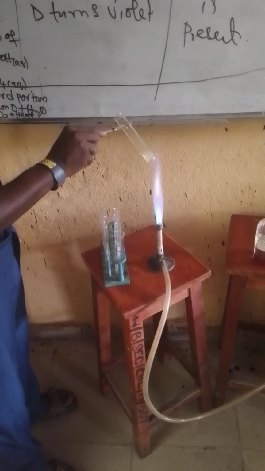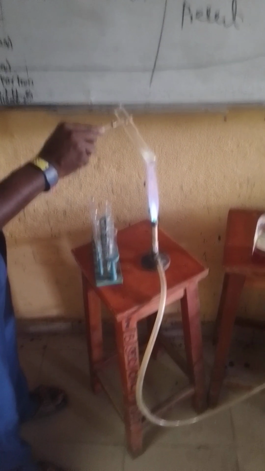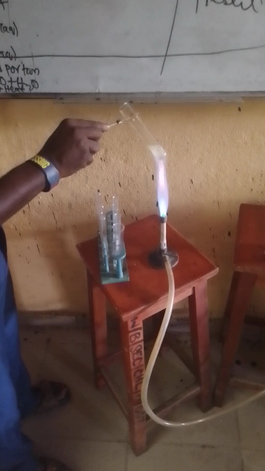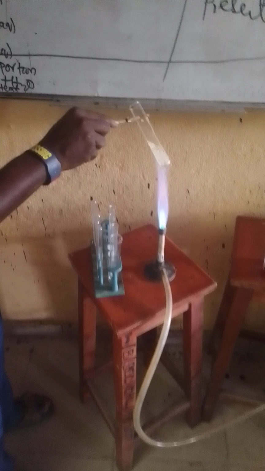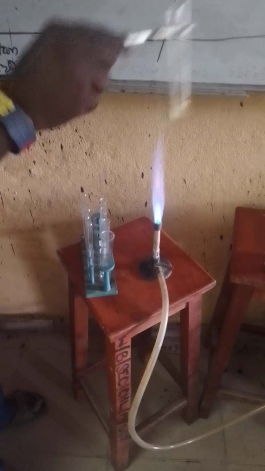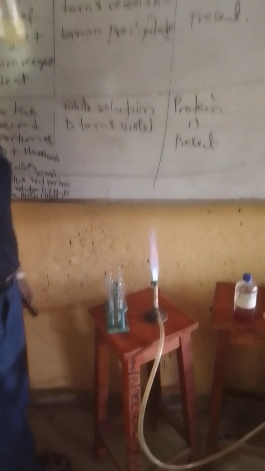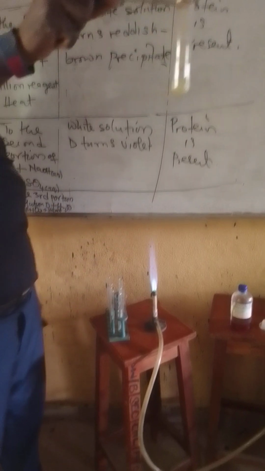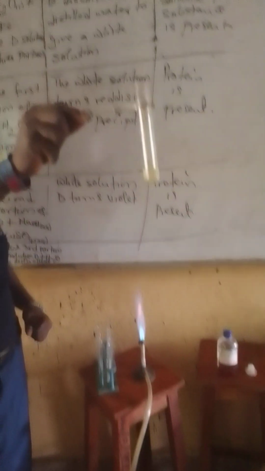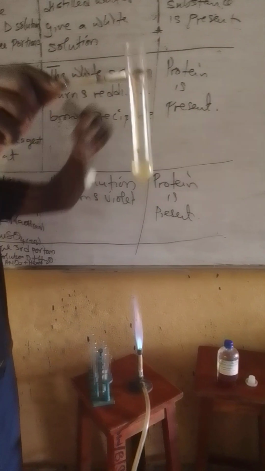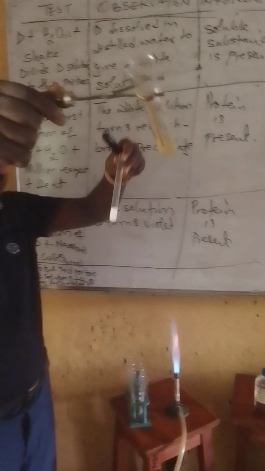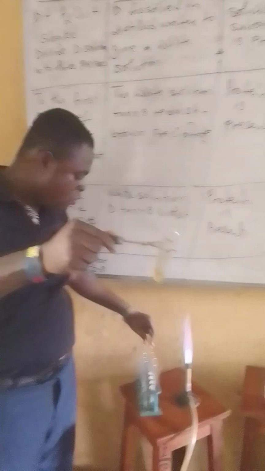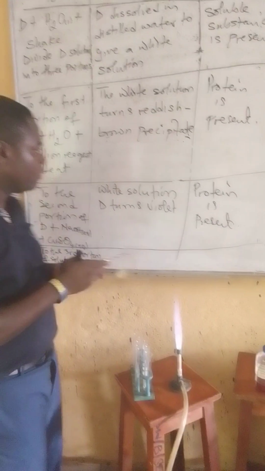You can see that it has become more yellow. It has deepened into orange color. Observe it very well. If you want to compare, can you see what we had before? It had a yellow precipitate that deepens into orange color.